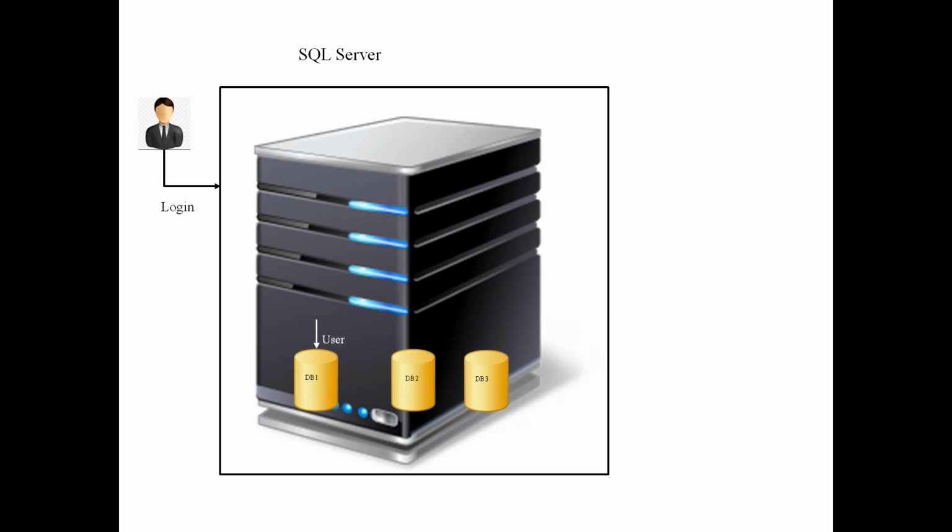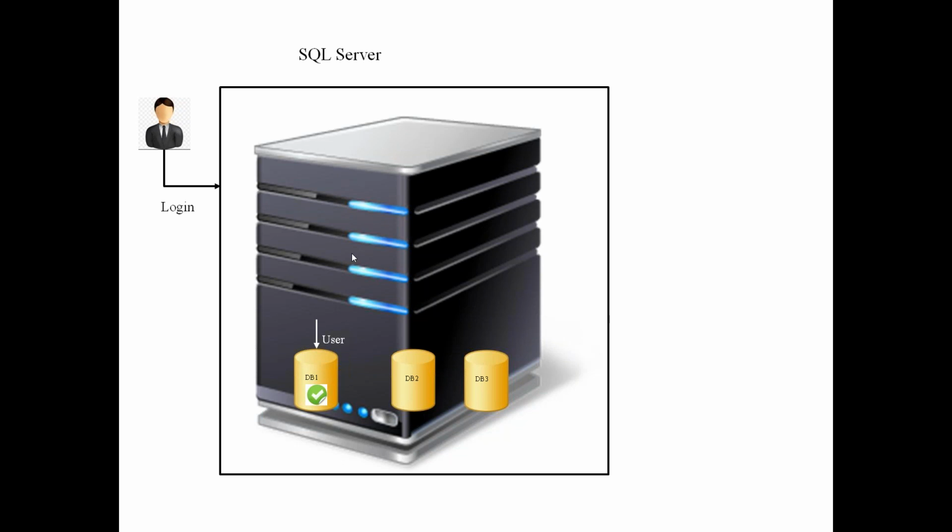So now DB1 has a user for this person. Let's assume he is John. He has got a login to connect to the SQL instance, and then he has got a user inside DB1. Then he can make a connection, or he can have access to DB1.